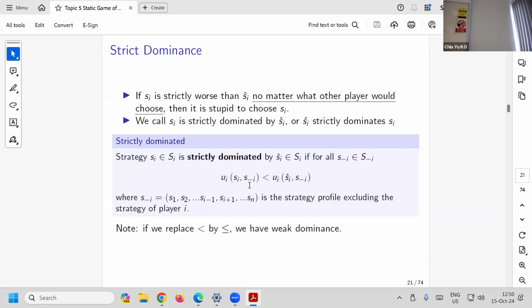Usually, if you see the literature, weak dominance replaces the strict inequality with the weak one. And in some papers, later you will see, they assume further that players would not choose weakly dominated strategies, okay? But of course, there will be consequences of doing so.